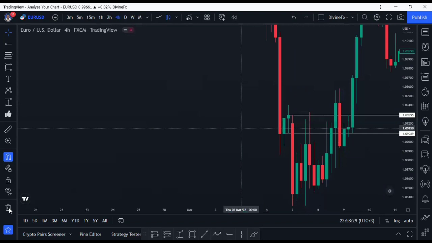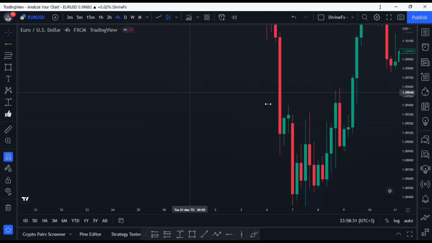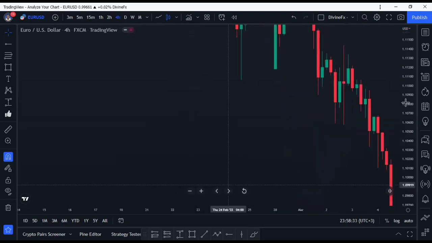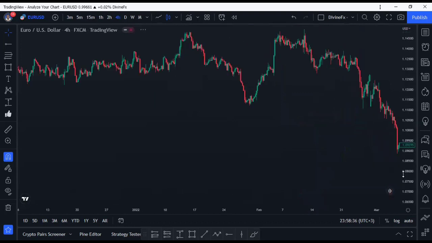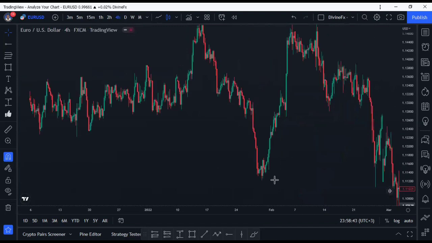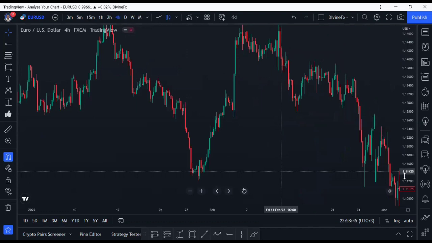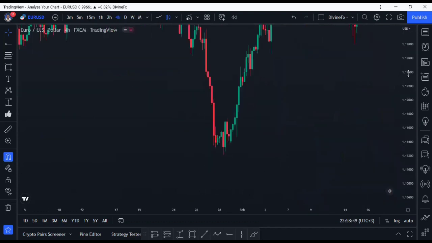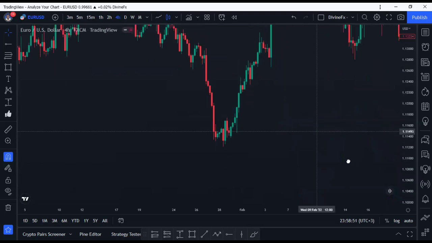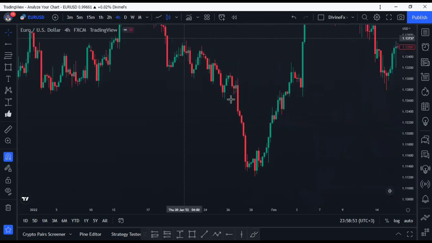Let's find another, more clear example. This one over here, you see, price was in a downtrend. After the downtrend, the price came and broke these previous highs and lows.